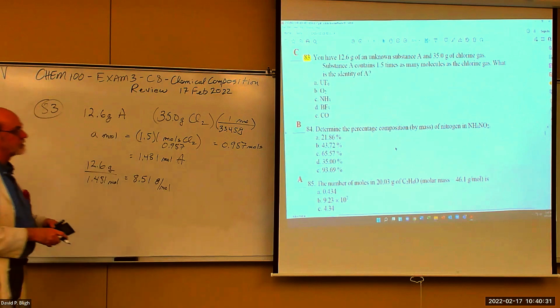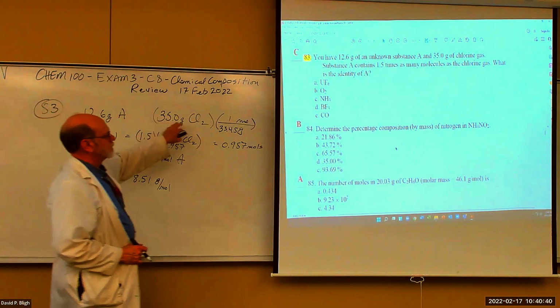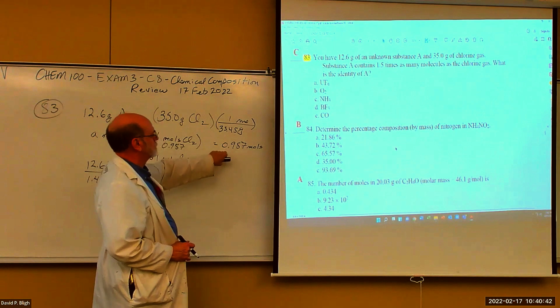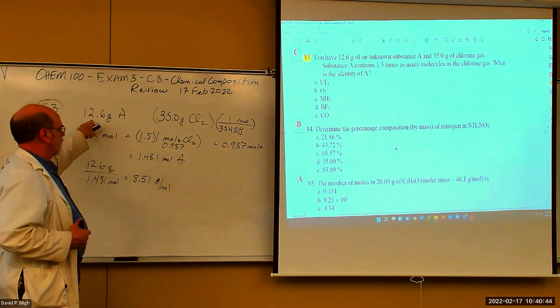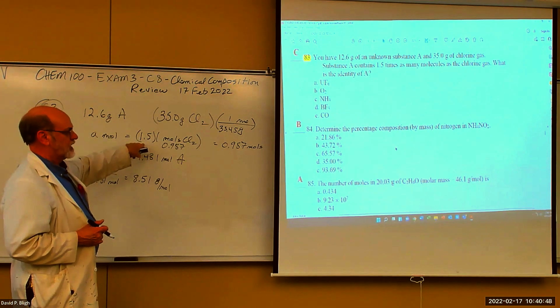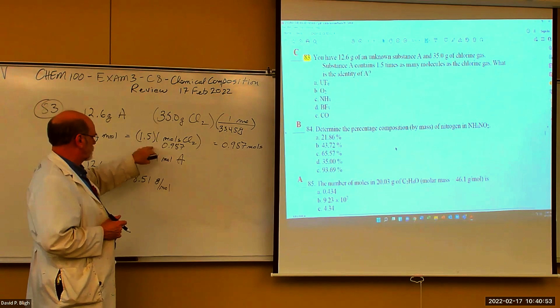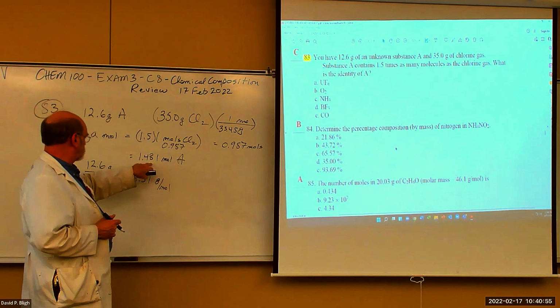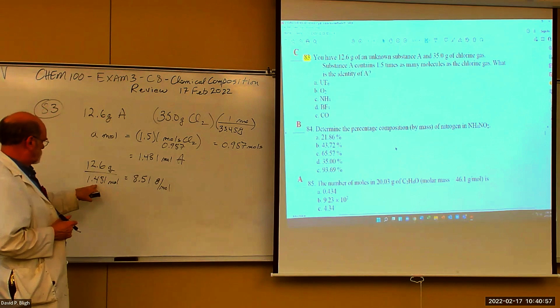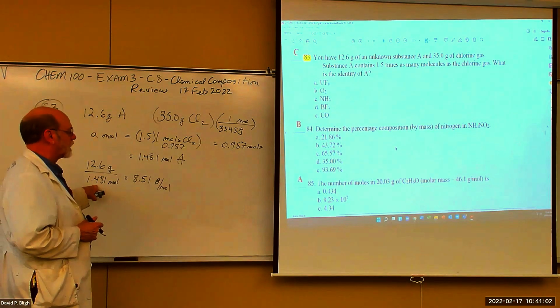That's pretty light. I did something wrong. What did I do wrong? 35 grams, that's right. But with 6 grams of this, 1.5 times as many molecules as the chlorine gas. So this is the moles. Yeah, that's right. 8.51 grams per mole.